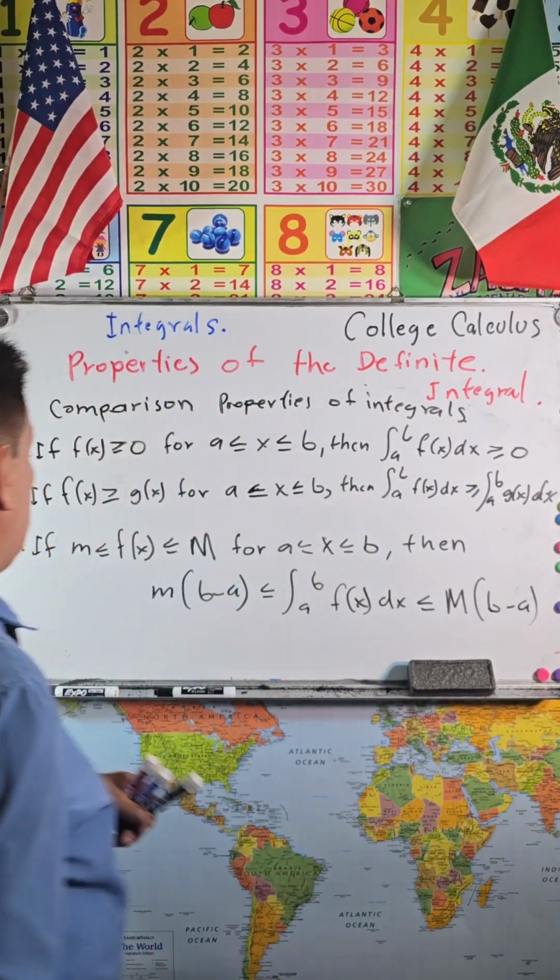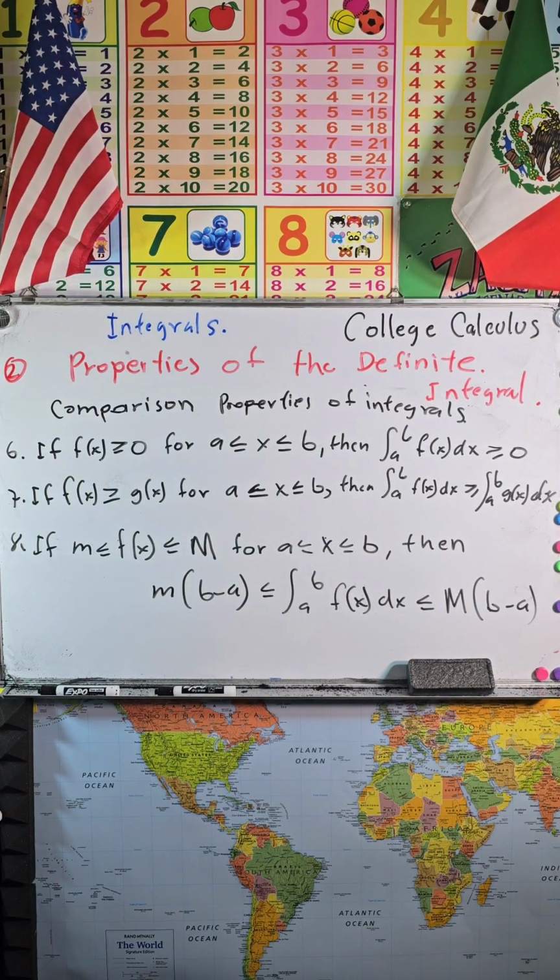Okay, all right, that's properties 6, 7, and 8.